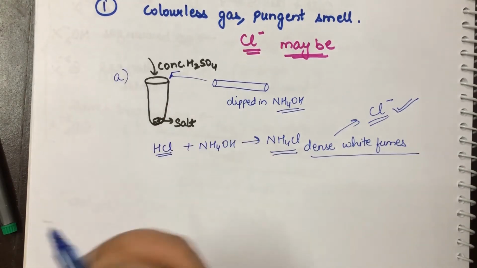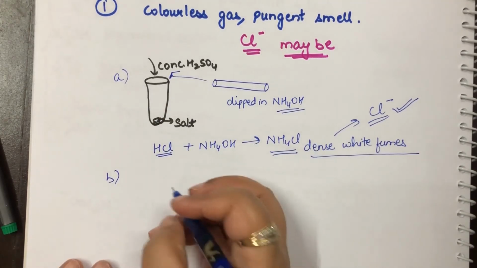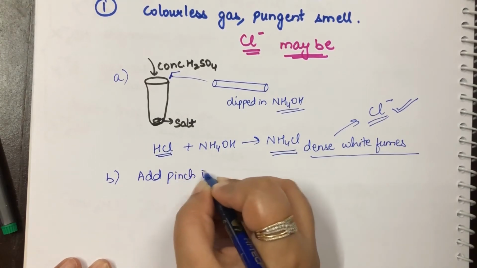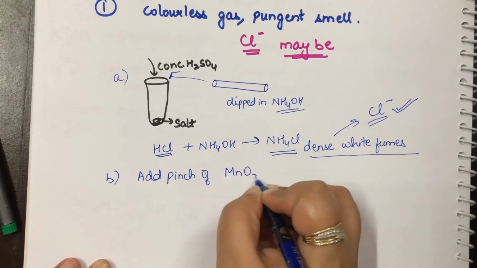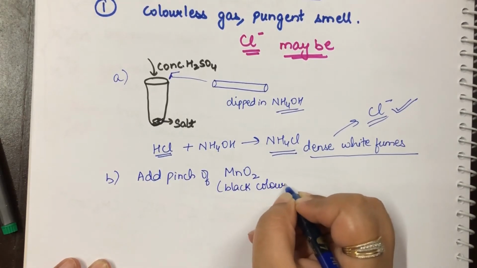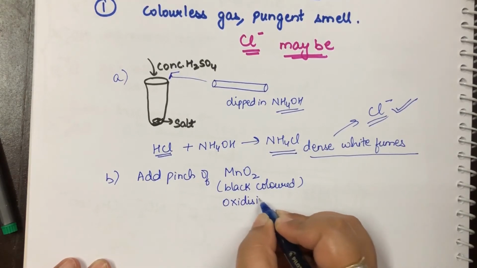This was the first. Now what else I can do is add a pinch of MnO2. MnO2 is a black colored compound, and MnO2 is an oxidizing agent.